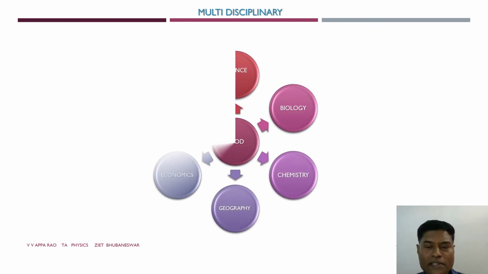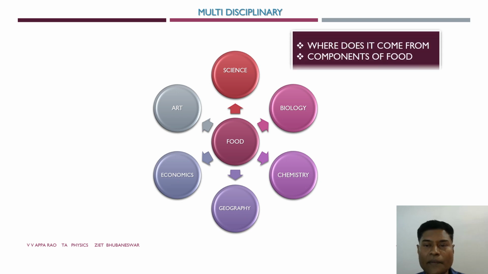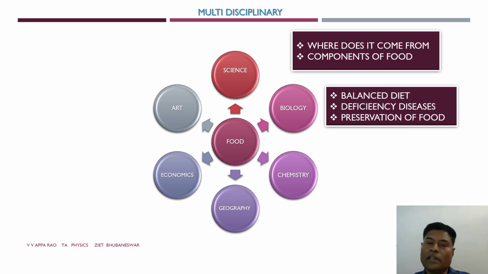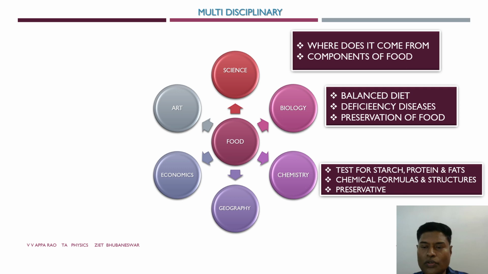Another example we will see here is food. Where does it come from? Components of food we will learn in science. In biology, balanced diet, deficiency diseases, preservation of food. In chemistry, tests for starch, protein and fats, chemical formulas and structures, preservatives.